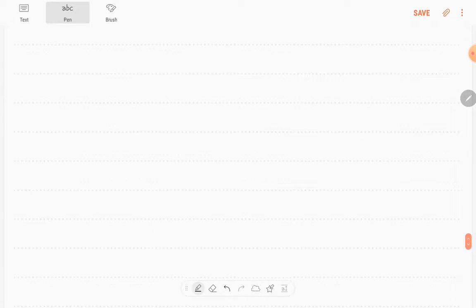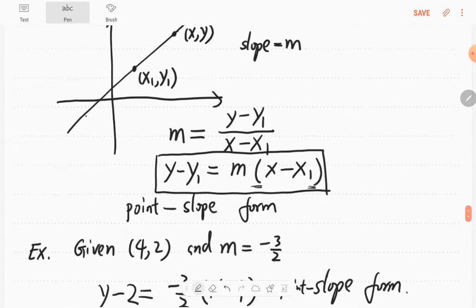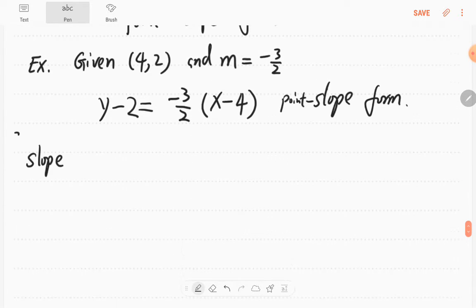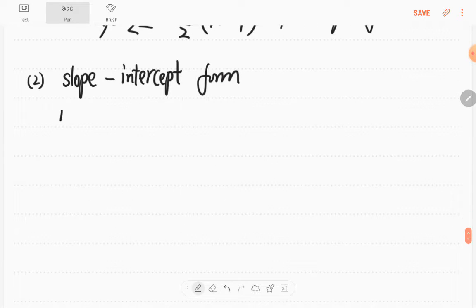Another form is called the slope intercept form. For the slope intercept form, what do we need?